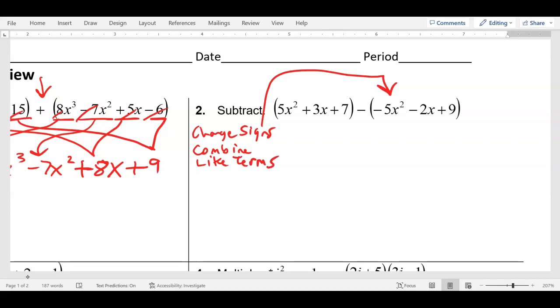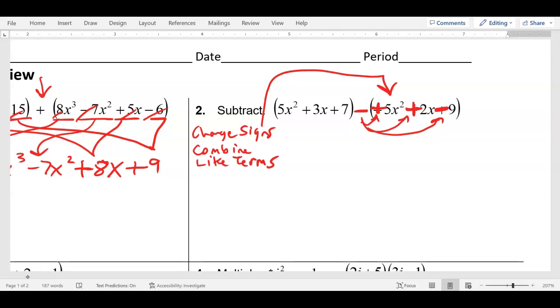Okay, because look, subtract, you see this minus sign right here, right? So that minus sign is going to change this, this, and this. Okay, so this becomes plus, this becomes plus, and then this becomes just a big old minus.